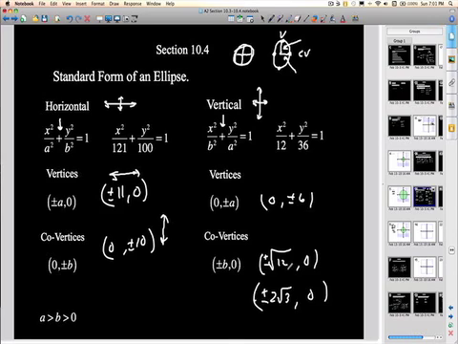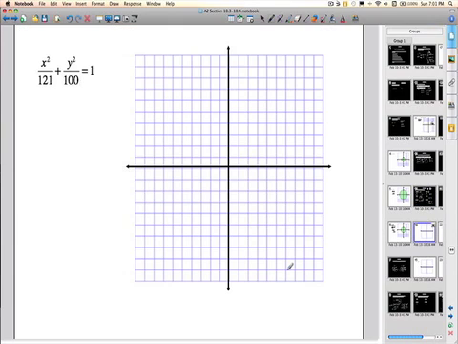Now, to graph this ellipse, centered at 0, 0, I take the square root of 121 and graph it on the x-axis, so plus or minus 11, right and left, that's 2 points. Then I do plus and minus 10 on the y distance, up 10 and down 10, and this is my ellipse.